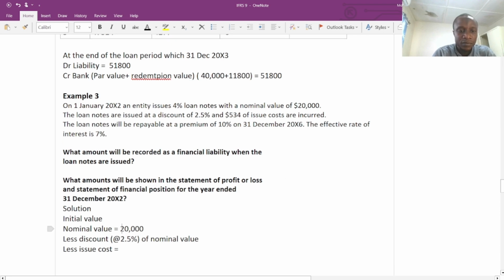So 2.5% multiplied by 20,000 will give us 500. We are going to less this 500, and also less the issuing cost of 534.